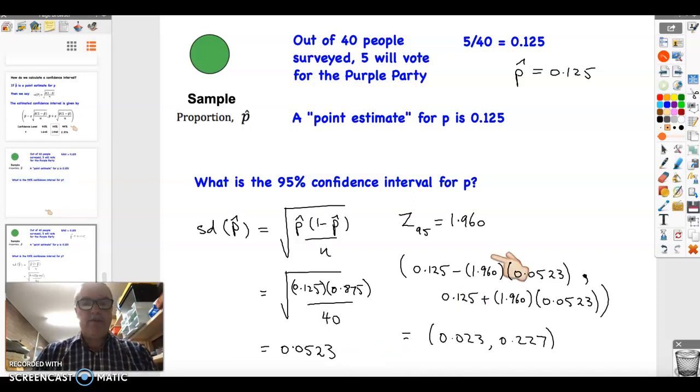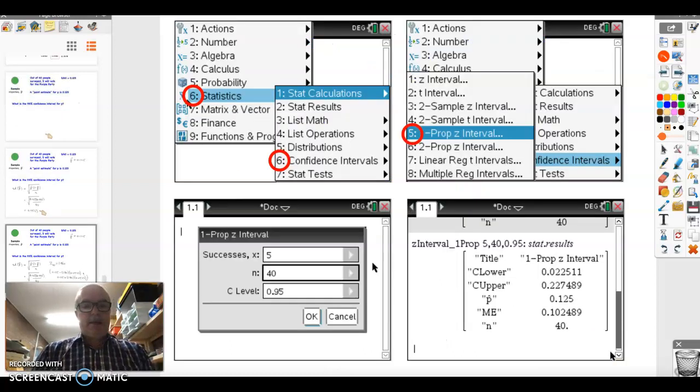We want a 95% confidence interval, so the z-score, or the number of standard deviations, is 1.960, and so there's our p hat minus z times the standard deviation, and the upper limit p hat plus 1.96 standard deviations gives us those 2 values, the lower limit for the population proportion and the upper limit for that proportion, for the 95% confidence interval. The CAS calculator does all of this for us as well.